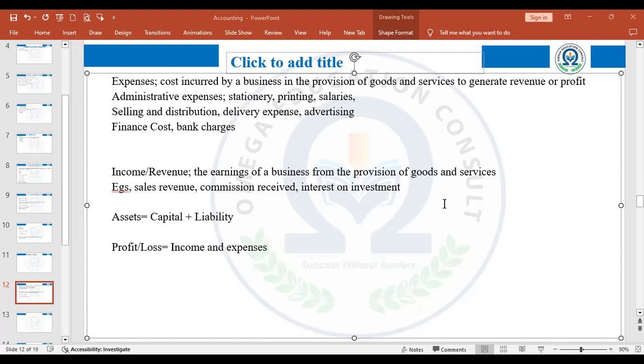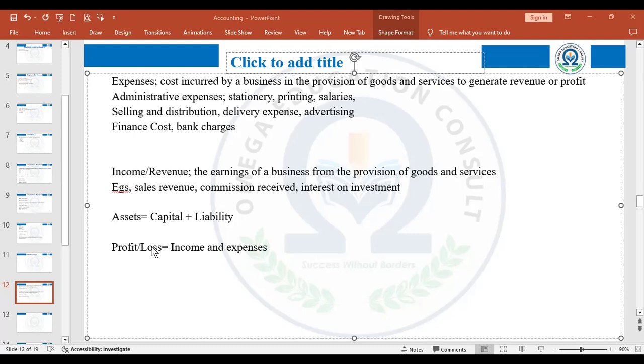Because if you investigate, you know that the person is making losses. But when you are making profits, it means the business is booming, so your capital would also be increasing. So the point I want to establish here, and I want you to note, is that profits or losses affect the capital of the business. Profit would increase capital, while losses would decrease the capital.